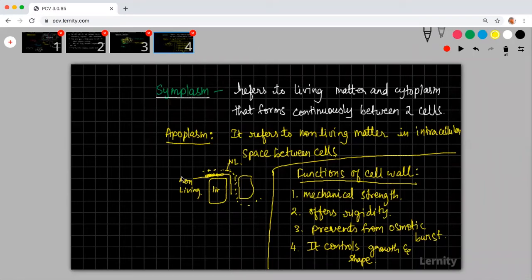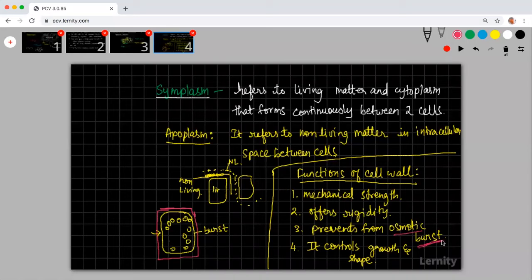Say, for example, if you have a cell taking in more water, the water molecules increase. Beyond a particular point, if it is an animal cell, it will burst. But in a plant cell you have a layer called the cell wall. This layer will not allow the cell to burst. That is what we call osmotic burst.